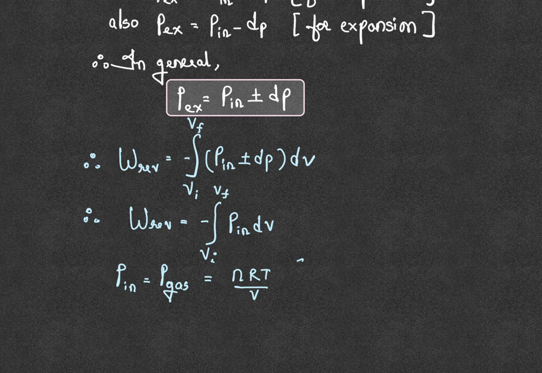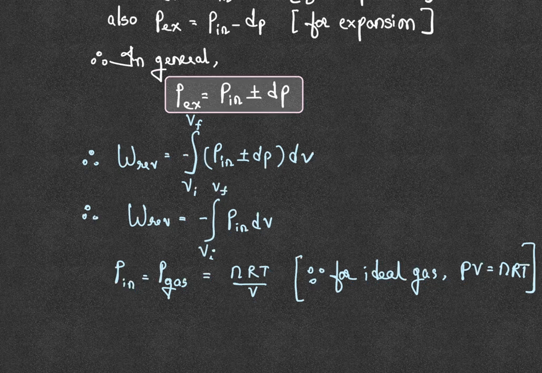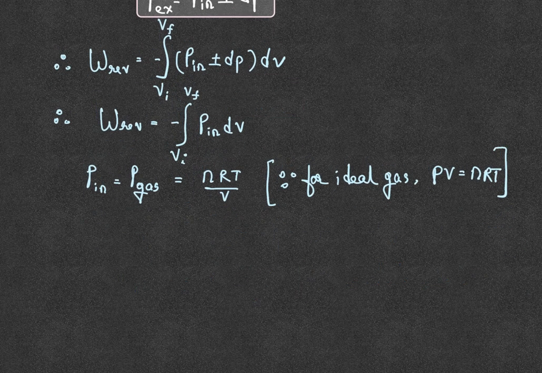Because for an ideal gas, PV is equal to nRT, so P is equal to nRT by V. Can we put this in now? W reversible is equal to the integral from VI to VF, with a negative sign, of nRT by V dV. Can we do that? Since P is equal to nRT by V.